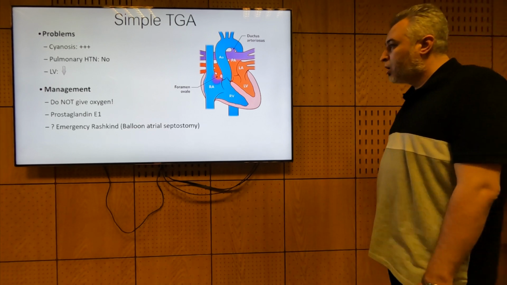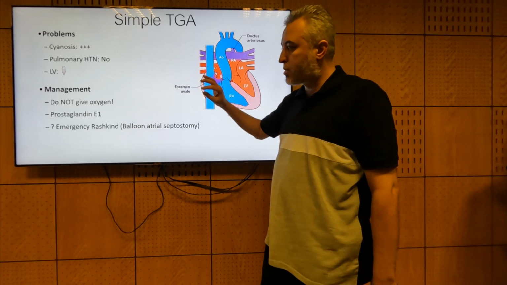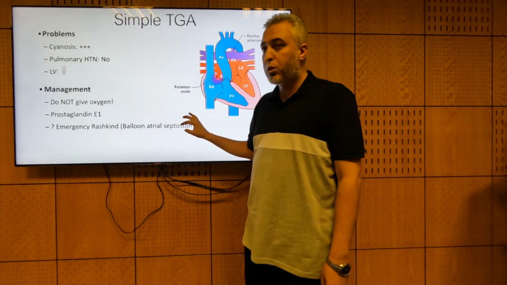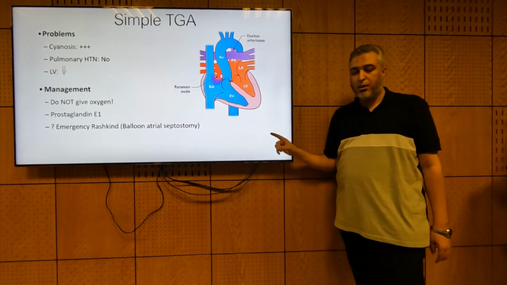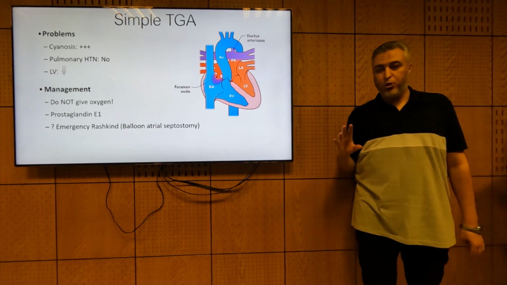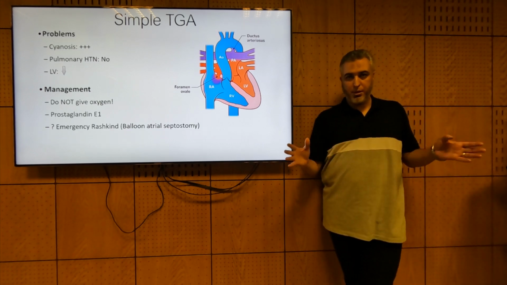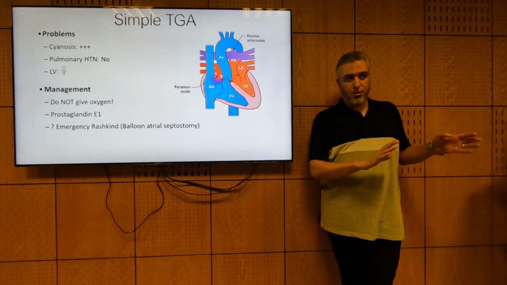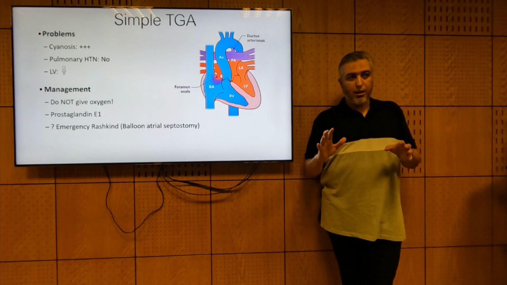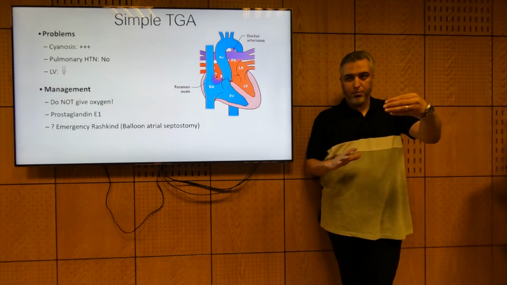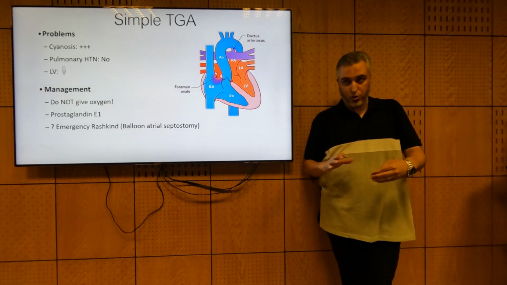So the decision to use prostaglandin or balloon atrial septostomy depends upon the circumstances. How is the patient, is he stable or not? And is he ready for a quick operation or not?